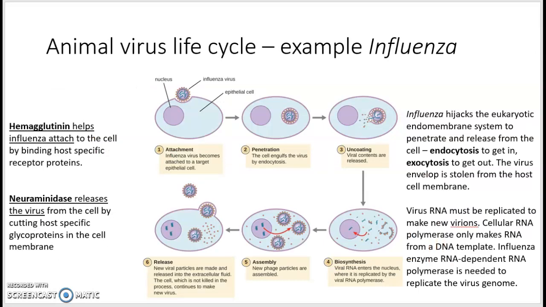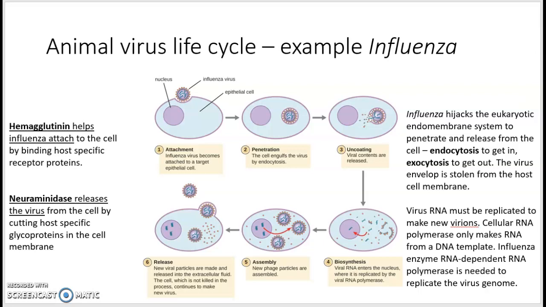Influenza reproduces much like the bacteriophages, but also a little bit different. So first, the virus attaches to the host cell, and it does this through those hemagglutinin spikes attaching to host-specific receptor proteins called sialic acid.